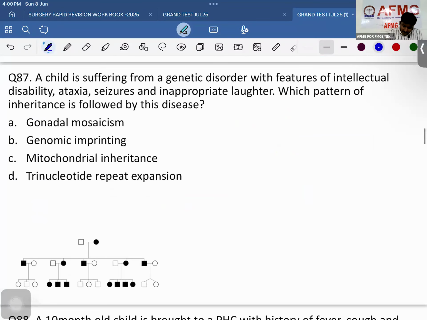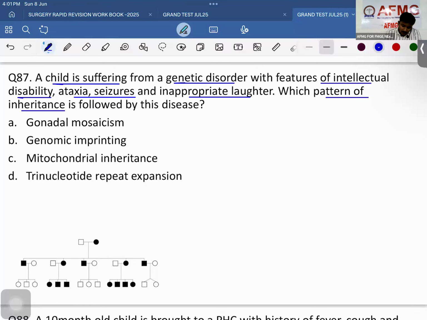Question number 87, beta. Here we are having a child who is suffering from a genetic disorder, beta, with features like intellectual disability, beta, along with ataxia, seizures, and inappropriate laughter, beta. Which pattern of inheritance basically is going to be followed by this disease?